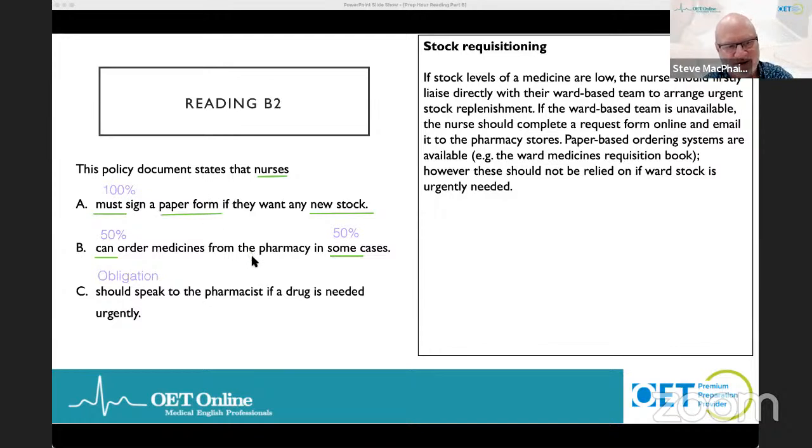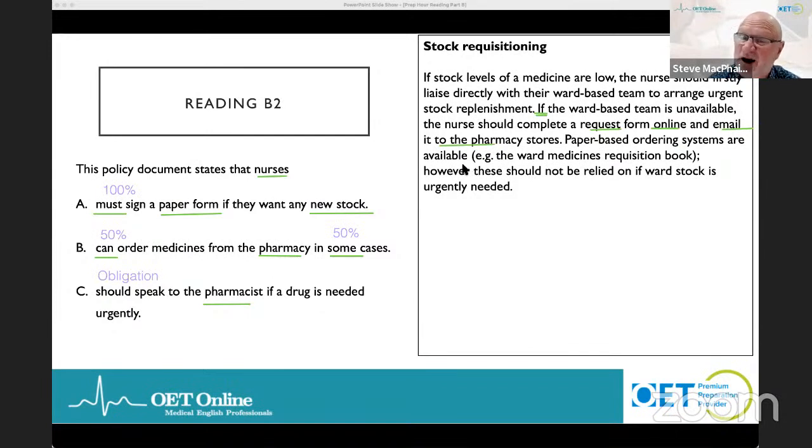So just be aware of those similarities there. If the ward-based team is unavailable, okay, now watch the if sentence, everyone. If the ward-based team is unavailable, the nurse should complete a request form online and email it to the pharmacy. Okay, so they've got to do an online form and they've got to email it.